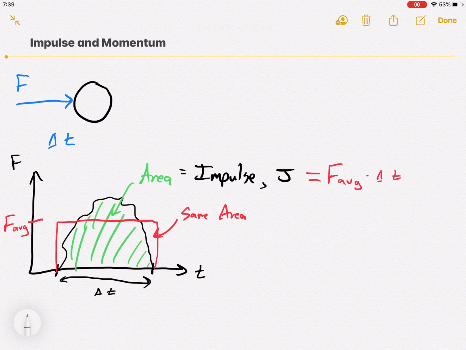So let's talk about this for just a second. The impulse on an object is sometimes a fixed thing. So imagine a toy car running into a wall, right?